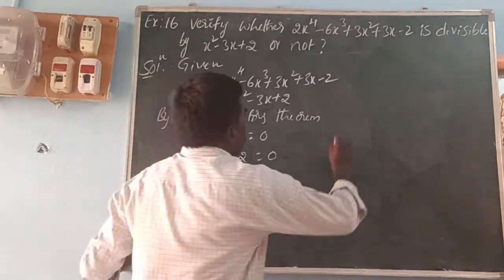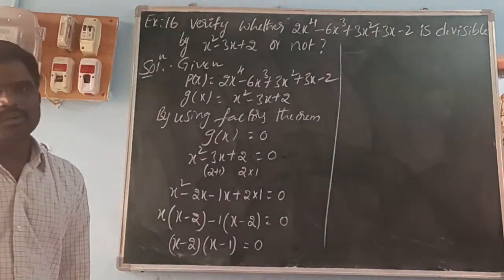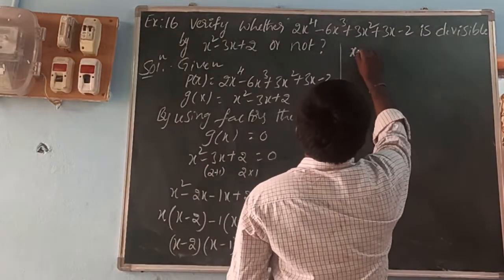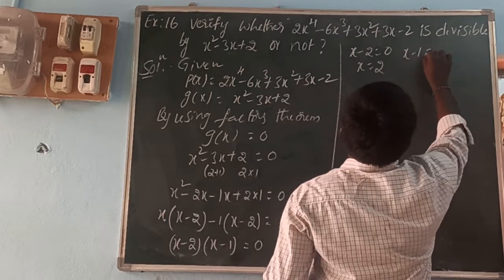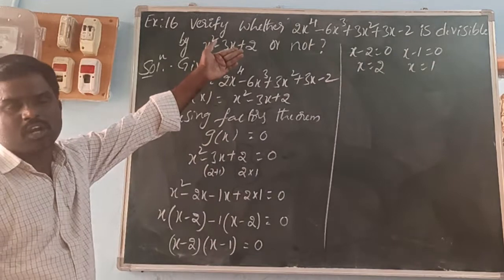The product of two polynomials is 0 if the first polynomial is 0, or the second is 0, or both are 0. So x − 2 = 0 gives x = 2, and x − 1 = 0 gives x = 1. Now we substitute the zeros in the given polynomial.